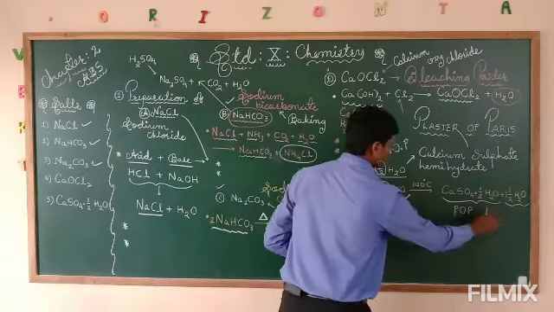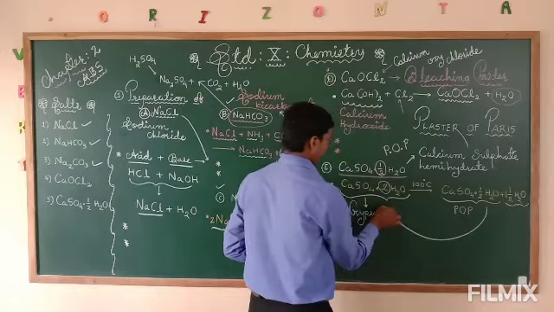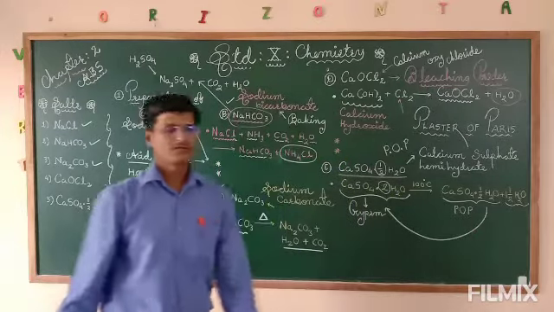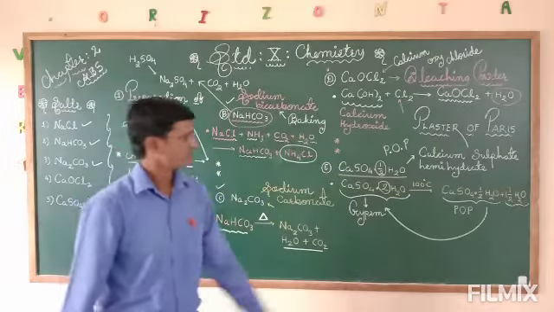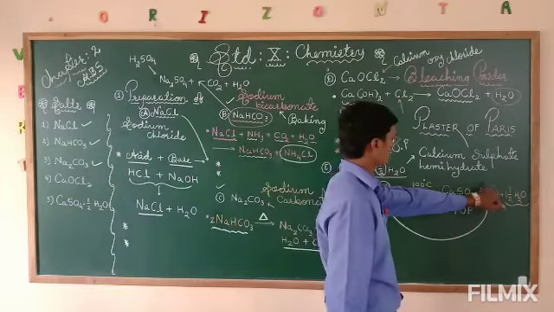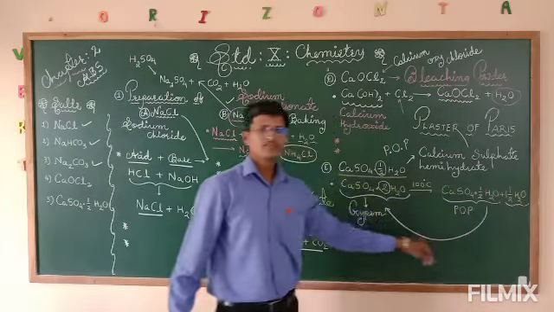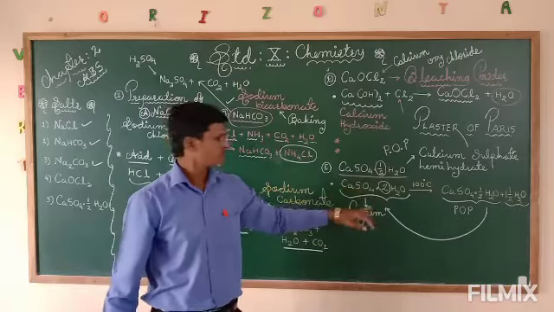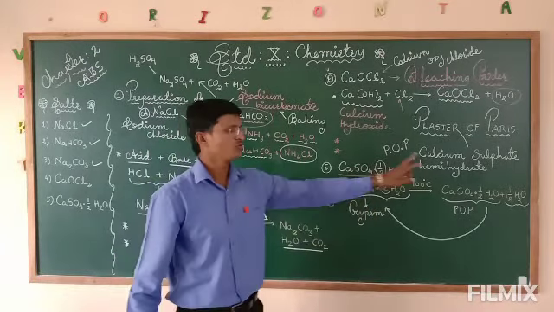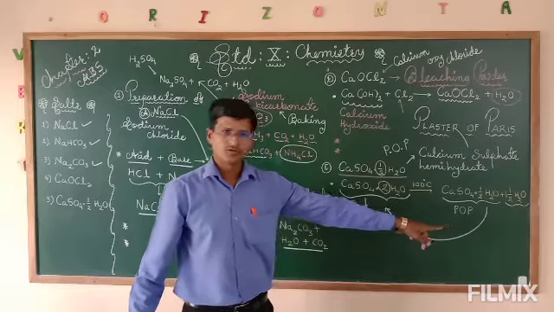From this it will form CaSO4 into 2H2O also. Remember this, vice versa is possible. From POP gypsum can be formed, and gypsum to plaster of Paris is also possible.